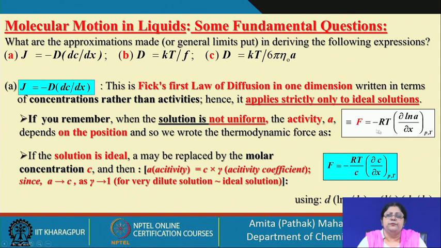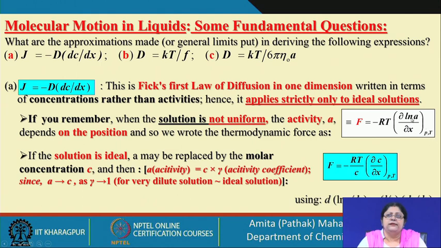If that is position dependent, then for a given temperature and pressure, the thermodynamic force which is driving the motion of the particles in the medium will be nothing but minus RT d ln a by dx, at constant temperature and pressure.